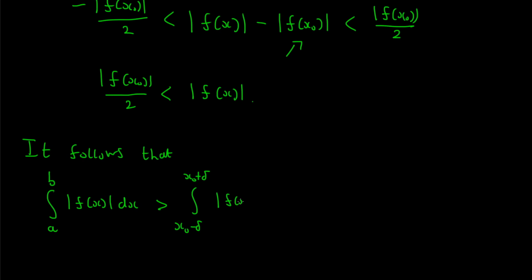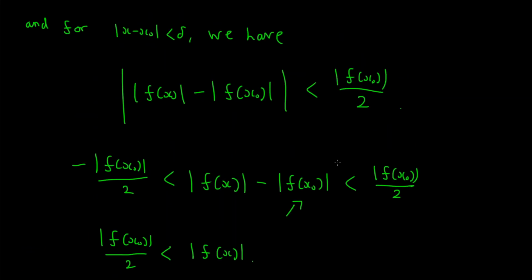And now, because the absolute value of f of x is bigger than the absolute value of f of x naught over 2 in this region, we can make another estimate. So we'll have the integral from x naught minus delta to x naught plus delta of the absolute value of f of x naught over 2 dx. This here is constant, and we know how to integrate a constant function.